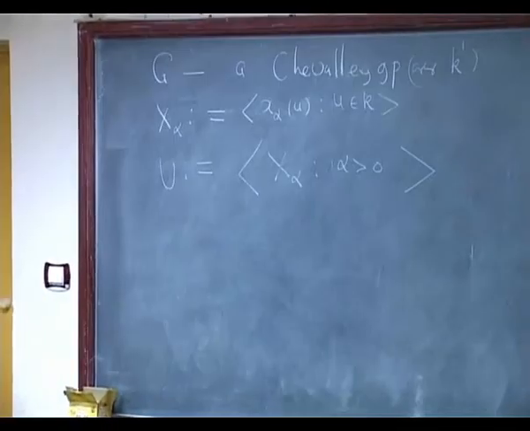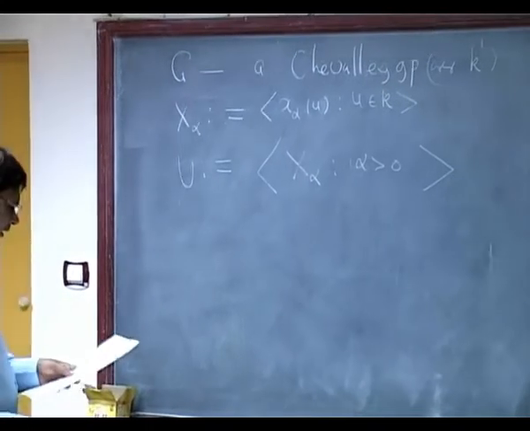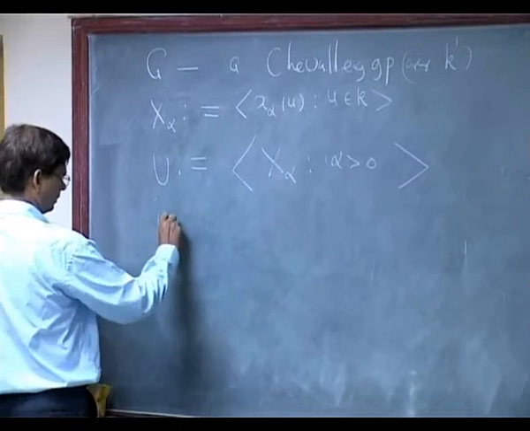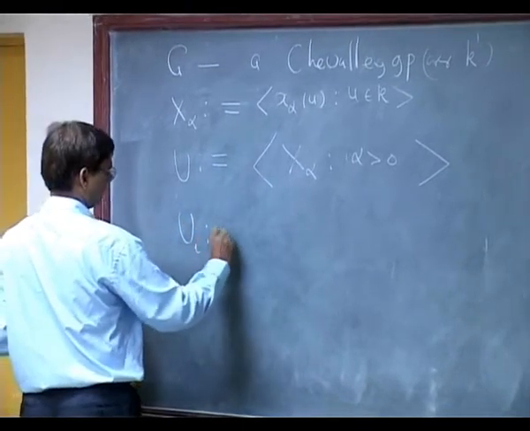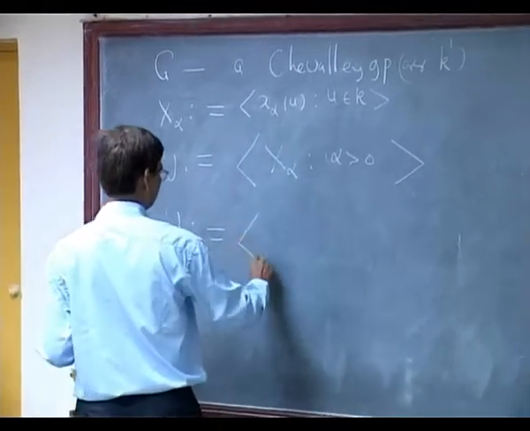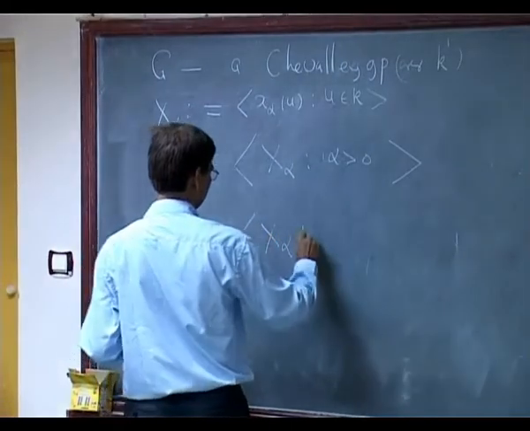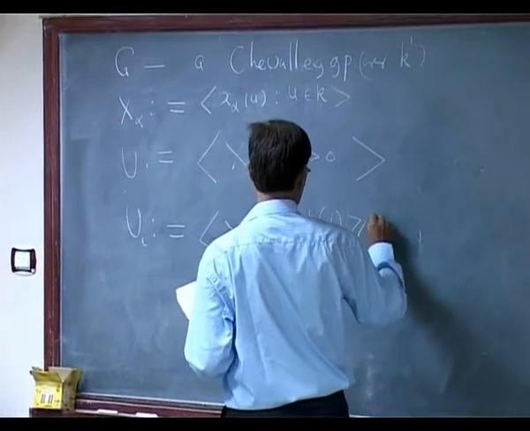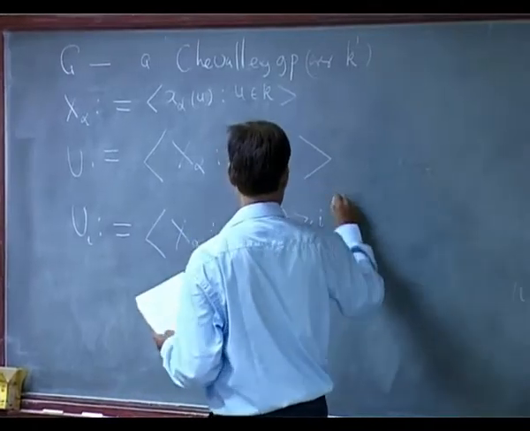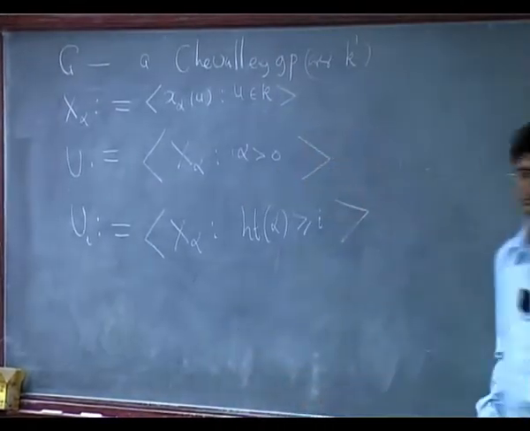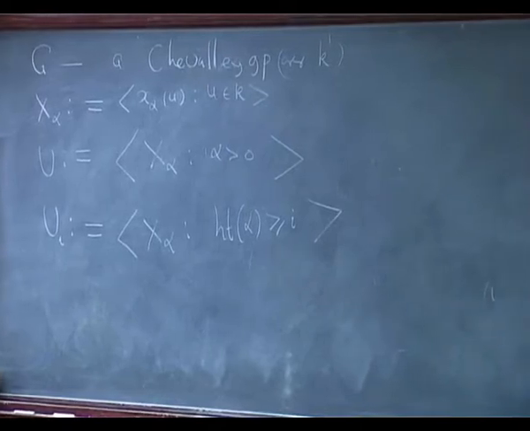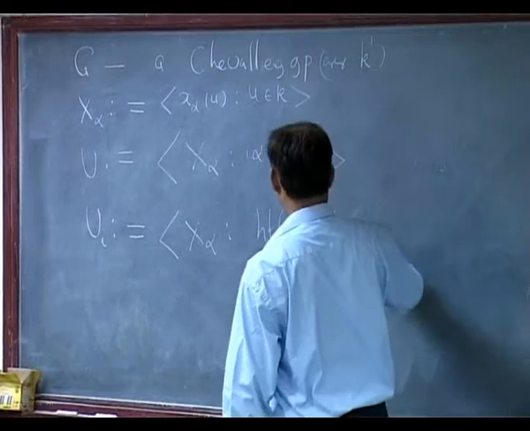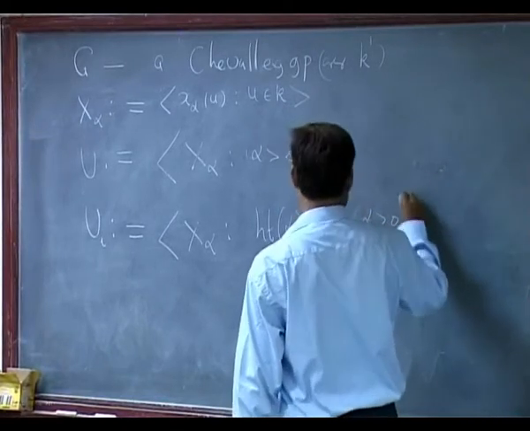Then you have the following. You define Ui to be the subgroup generated by X alpha, such that the height of alpha is greater than or equal to i, with alpha a positive root.